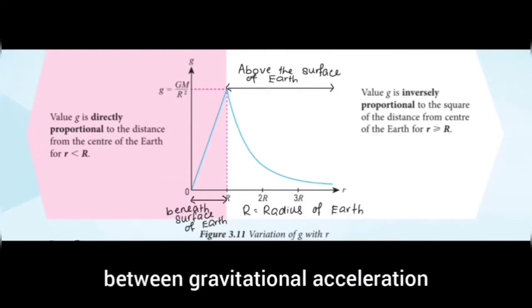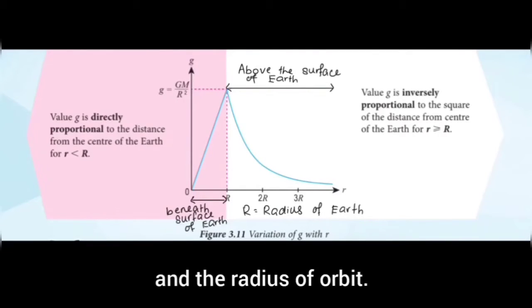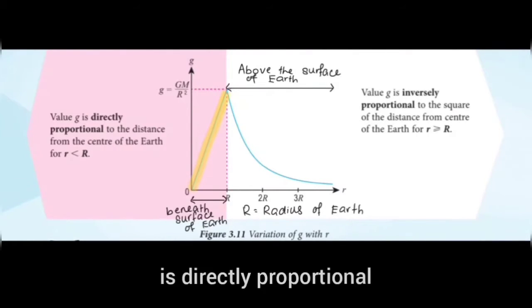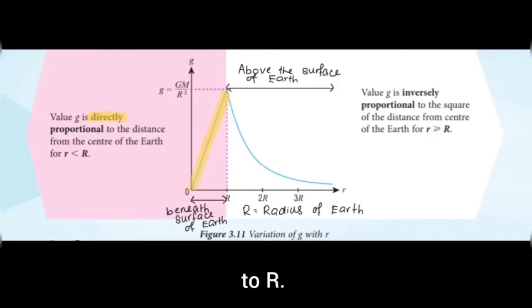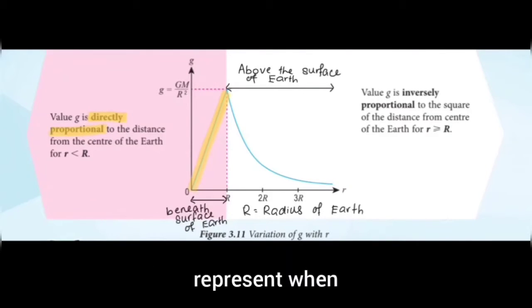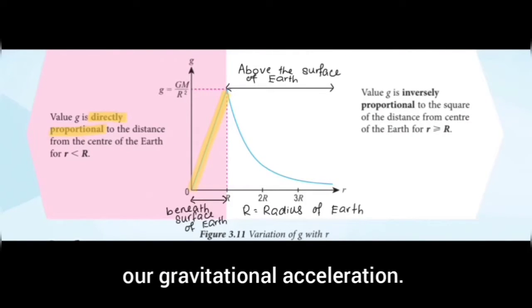So here is a graph between gravitational acceleration and the radius of orbit. In the first part of the graph, we can see that the value of g is directly proportional to r. The first part represents when we are beneath the surface of the Earth. The closer we are to the surface of the Earth, the greater our gravitational acceleration.